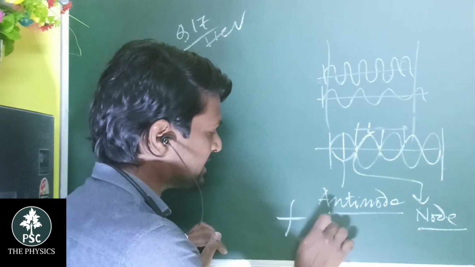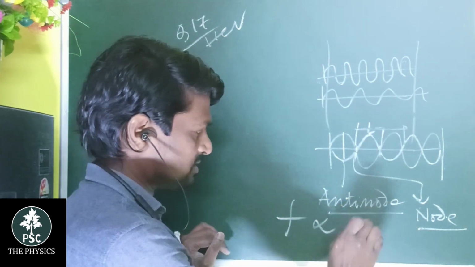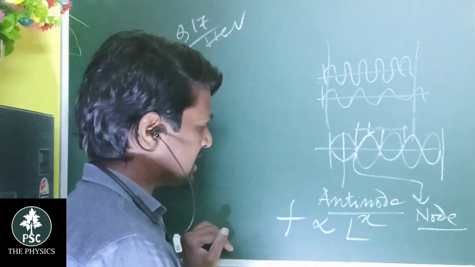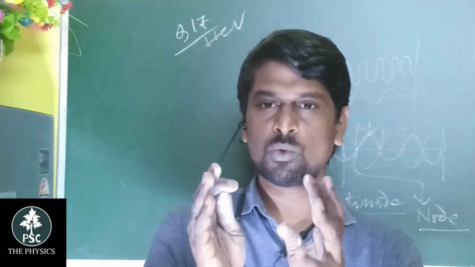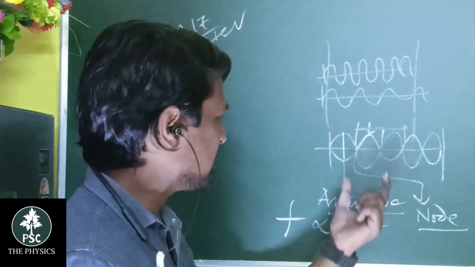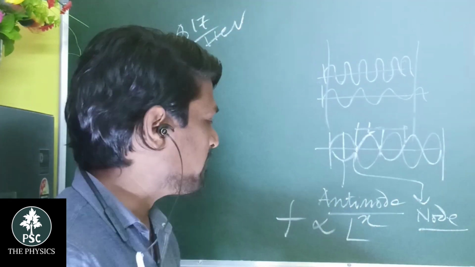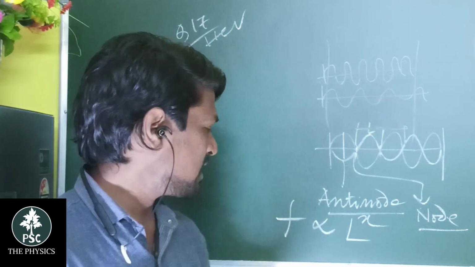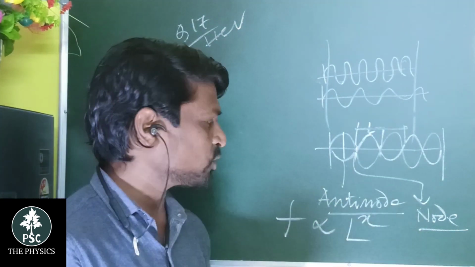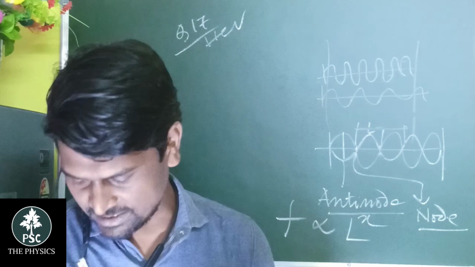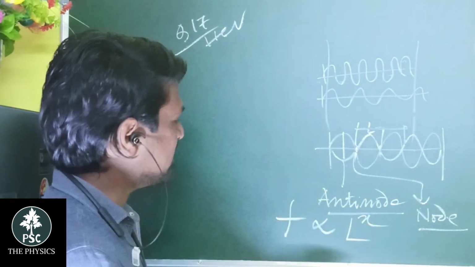Somehow it is related with frequency. So we can write that frequency is proportional to L to the power of x, where the length between the nodes is somehow related. The exponent may be 1, 2, 3, 4 and so on. So f is proportional to L to the power of x.